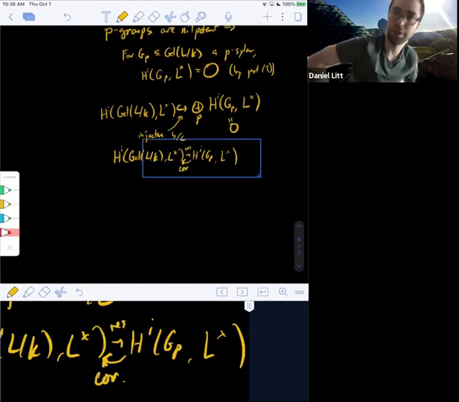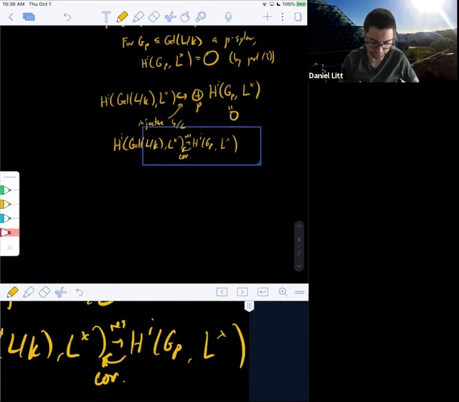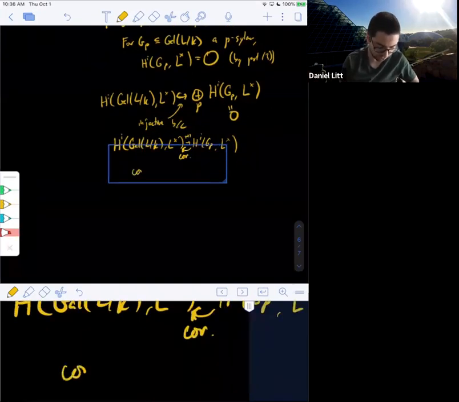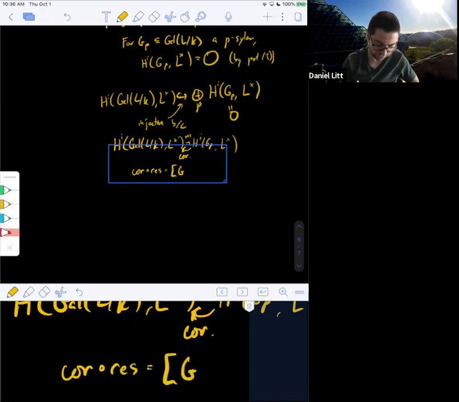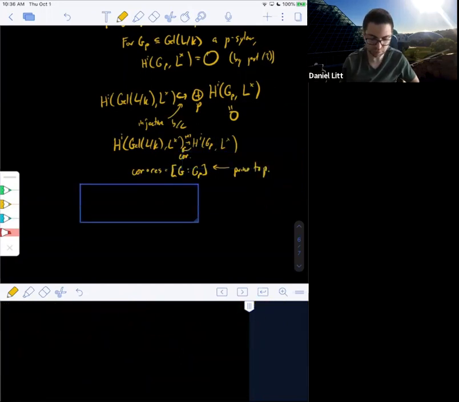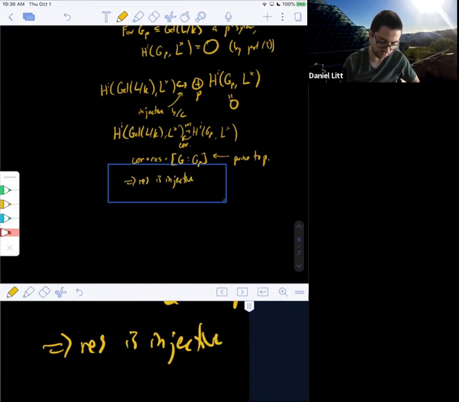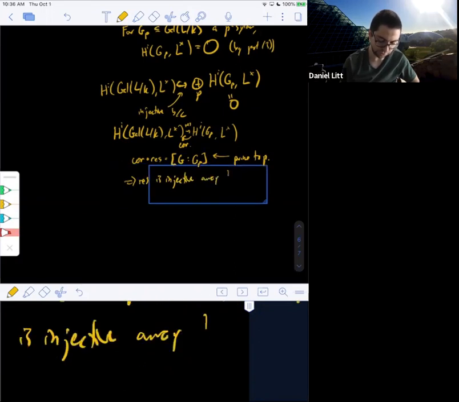So this is a general construction from group cohomology. If you haven't seen it, you should take a look at Cassels-Fröhlich chapter 4, which is where I like this. And if you go back and forth, co-restriction composed with the restriction is the same as multiplication by the index of P in G, which is prime to P. So that implies that restriction is injective away from prime to P torsion.